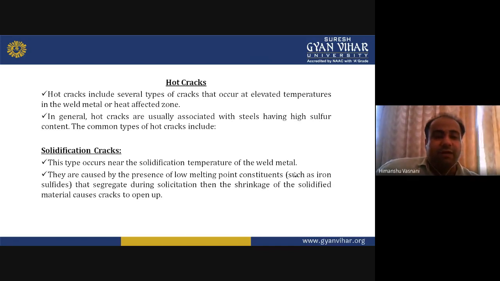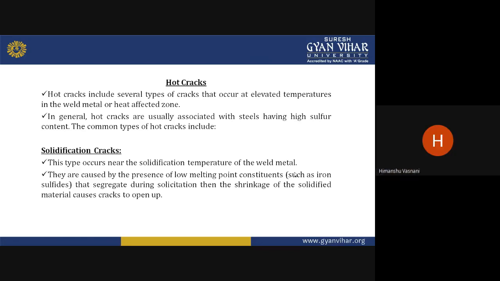having high sulfur content. The common types are solidification cracks. One more thing I want to tell you: while heating the material and doing any kind of work on the workpiece, or welding, if proper cooling, a proper channel of cooling is there, then this problem will not occur.